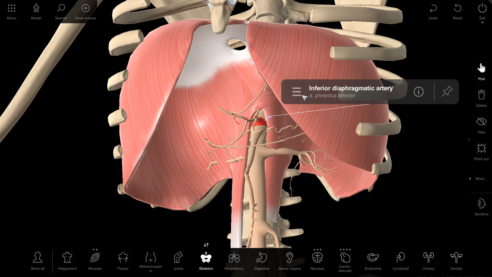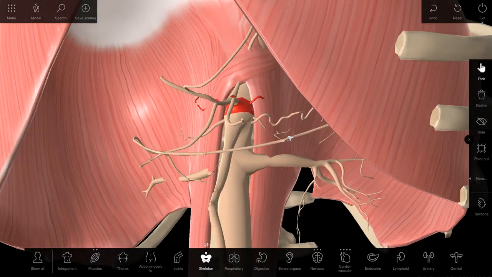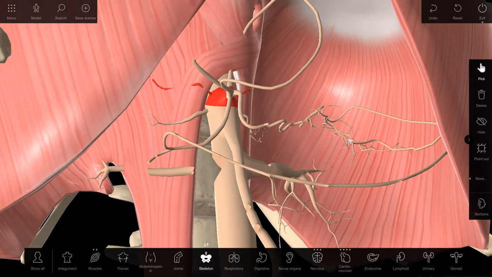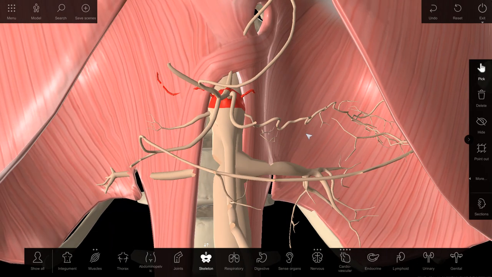And here it is the left arteria phrenica inferior. So they belong to the parietal branches.